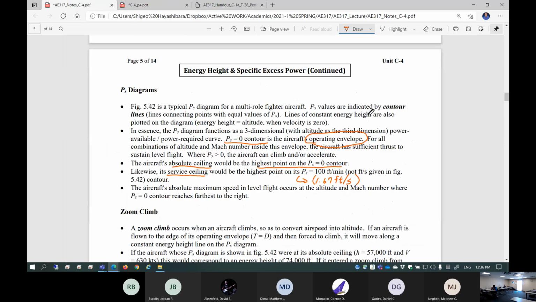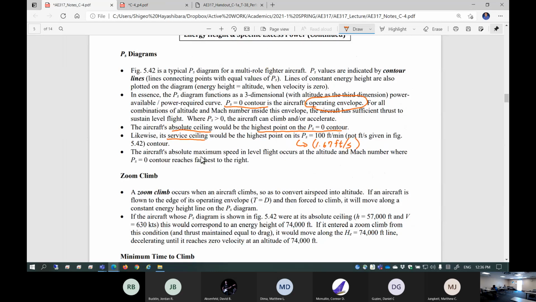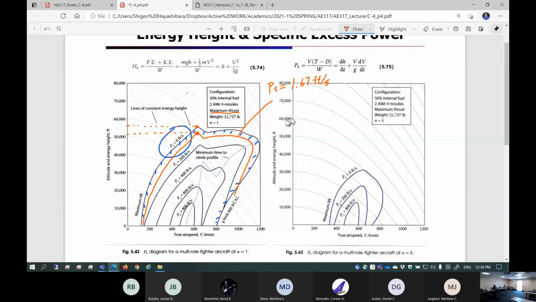Anyways, the aircraft's absolute maximum speed in level flight occurs at the altitude and Mach number where the PS equal to 0 contour reaches farthest to the right. Where is it? Right here. So this is going to be the airplane's maximum level flight speed. The altitude is not sea level, something like this. This is the altitude of your airplane's maximum level flight airspeed.